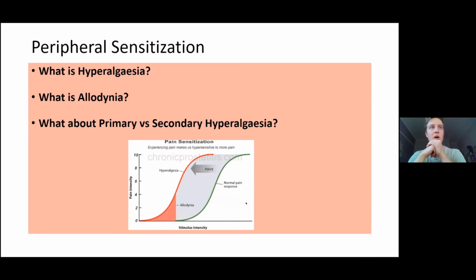So in my mind, if I was ever asked what are some different mechanisms of allodynia, the explanations that I've come across are that peripherally, when you've got inflammation in the tissues, that can reduce the threshold. In the first presentation I mentioned silent nociceptors, which are very sparsely mentioned, but basically under normal physiology they don't do anything, but when they're sensitized, they can then transmit a noxious input.